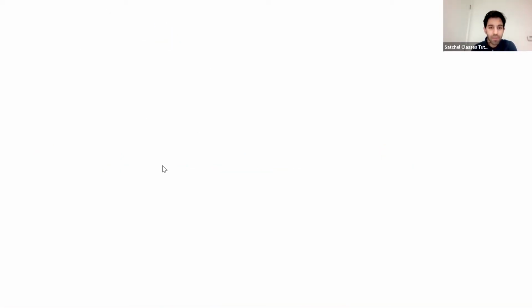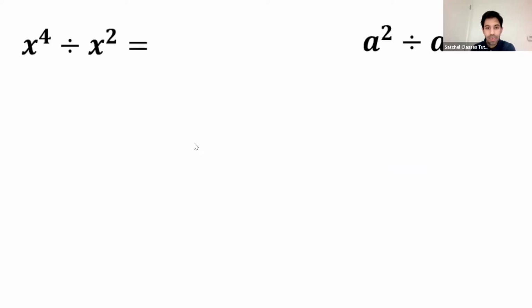So another way of approaching this problem is to think about the highest common factor of each term. So in this example, we have x squared as our highest common factor because both terms have a common factor of x squared.